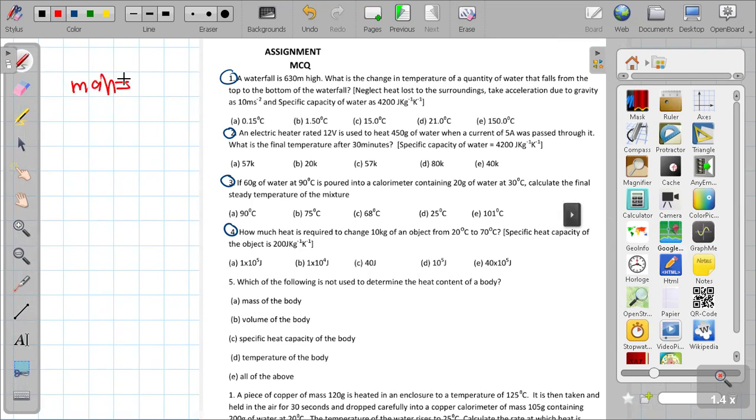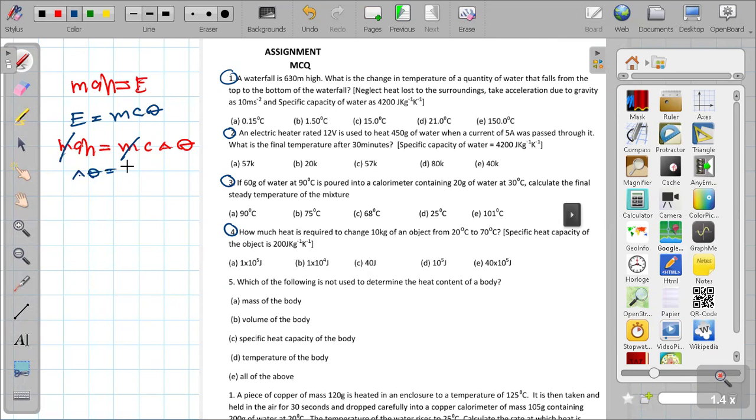mgh is the amount of energy. That energy has to be absorbed by mc delta theta. So mgh is equal to mc delta theta. That's why mass is not given. You can cancel it off.